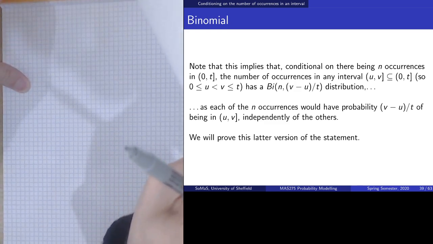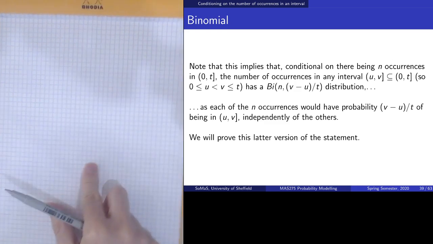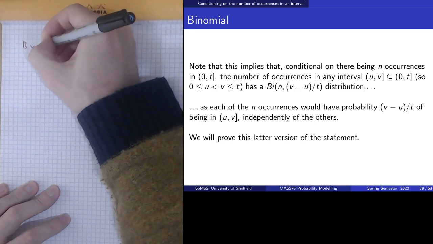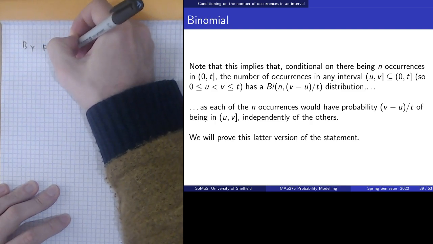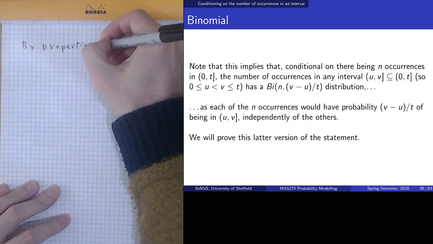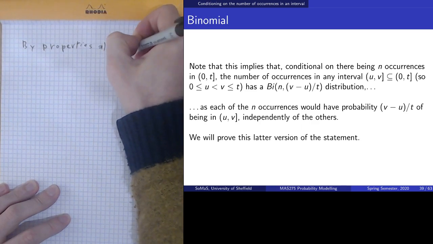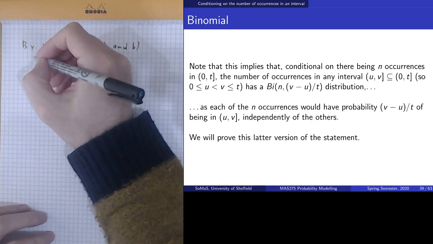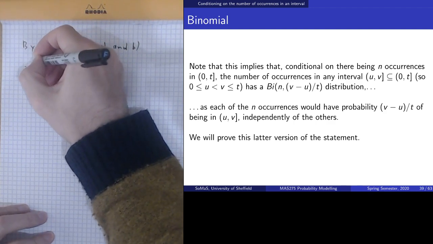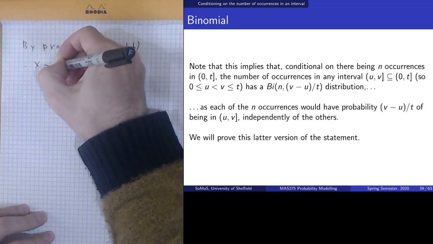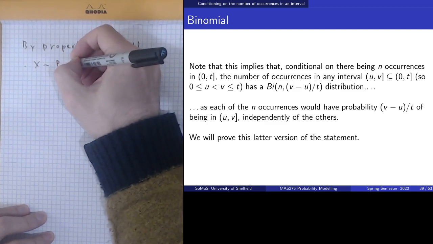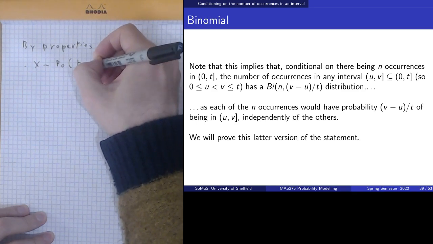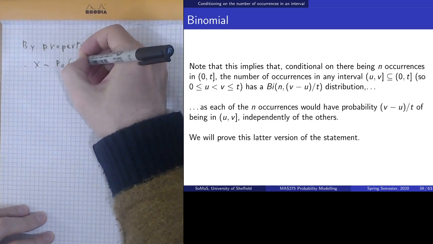By the definition of a Poisson process, so let's say by properties A and B of a Poisson process, we get that X follows a Poisson distribution with parameter lambda times (t minus L), and there's a lambda because there's always a lambda.